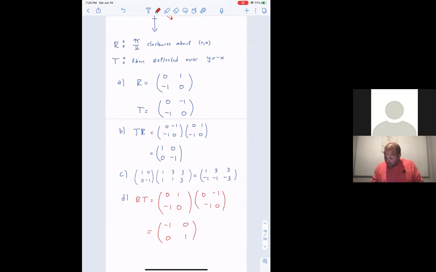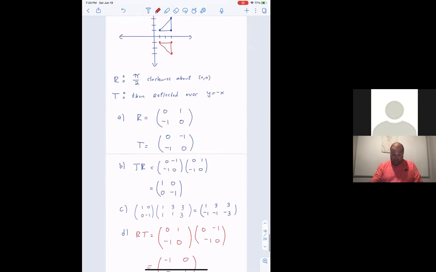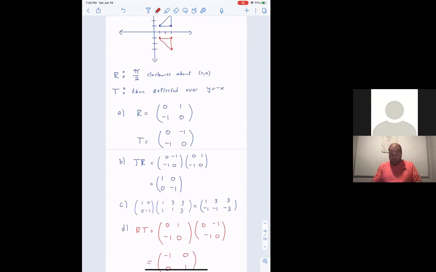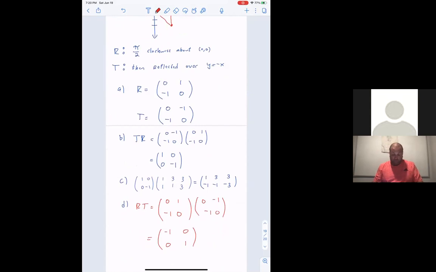When I look at my different forms, this is a horizontal stretch parallel to the x-axis with scale factor negative 1, which means we are basically going to reflect it over the y-axis. It's a horizontal stretch of negative 1 scale, which means we're going to flip it. Just like TR was a flip over the x-axis, RT is a flip over the y-axis.